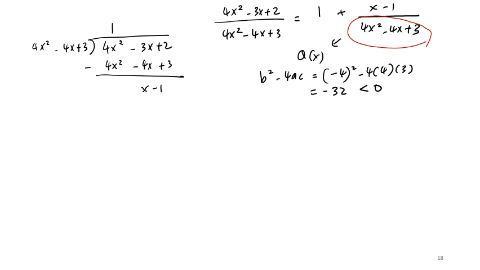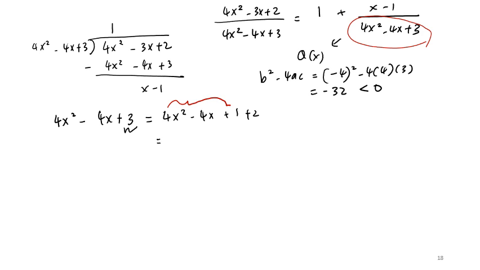Thus, you need to do completing the square. There may be different ways of doing completing the square, but since here we don't have it equal to 0, we cannot manipulate by adding and subtracting on the left hand side and the right hand side. So we just want to make it in terms of something that we can factorize. 4x squared minus 4x, and then I'm going to break down this 3 into 1 plus 2, because the first part can be factorized into a quadratic function.